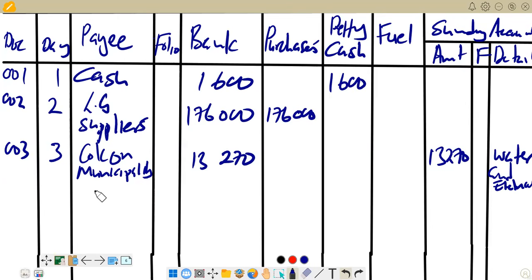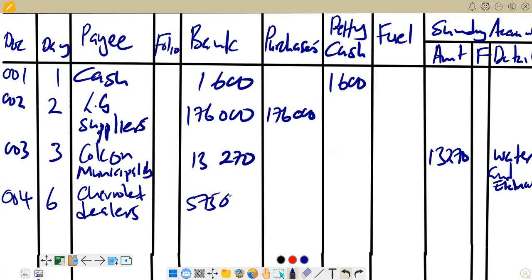So this is our cash payment journal. In terms of document, it's document number 004, and on the day it's day 6, and we know that the payee is Chevrolet dealers. The amount that we have there is 575,000.